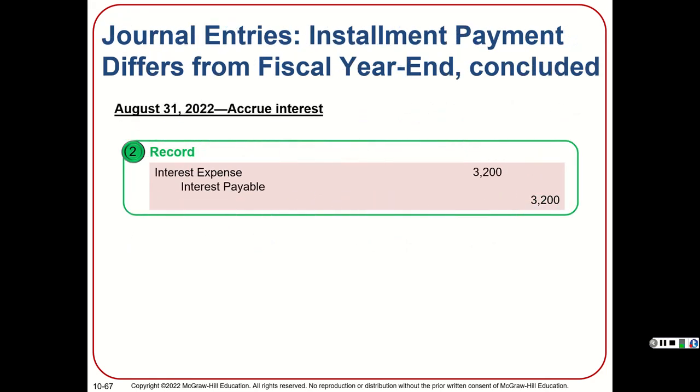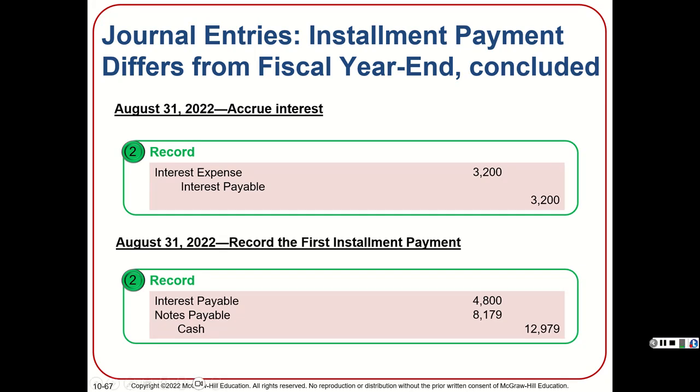The next year comes along and they have to make the payment. So they're going to book the rest of the interest for that yearly payment. And then on August 31st, the day before the 1 year point when this note was created, you're going to have that $4,800, your $81.79 principal payment for the $12,979.